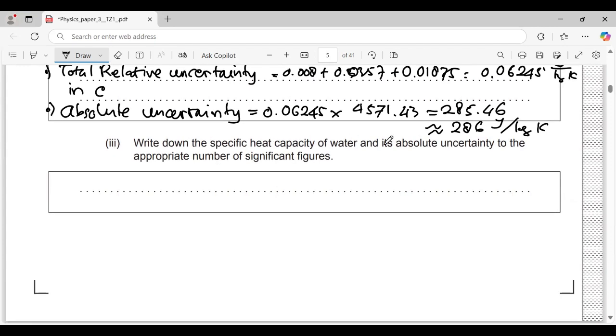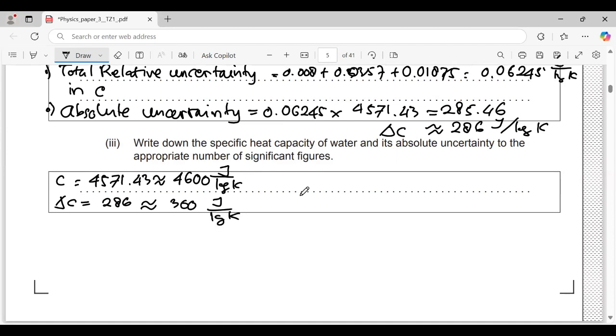Write down the specific heat capacity of water and its absolute uncertainty to the appropriate number of significant figures. So the specific heat capacity C equals 4,571.43, rounded to 4,600 joule over kg Kelvin, while the absolute uncertainty in C, that is delta C, is 286, rounded to 300 joule over kg Kelvin.